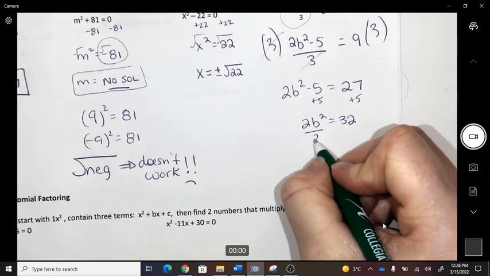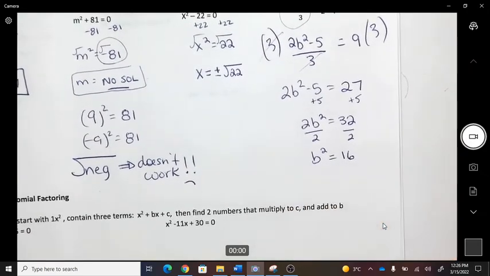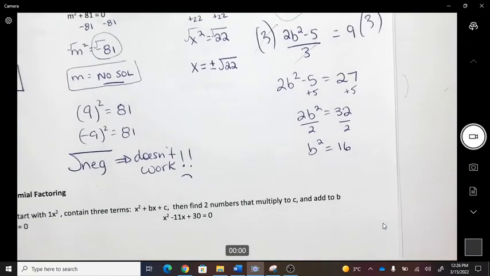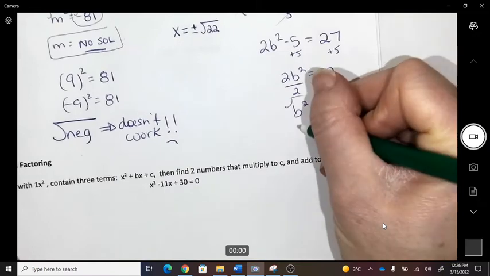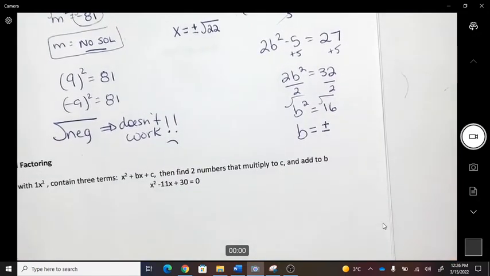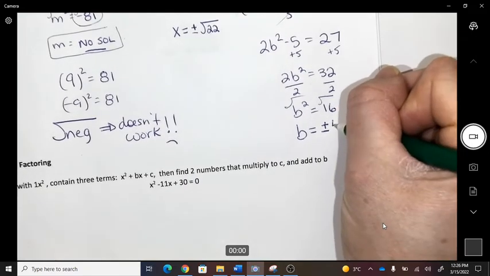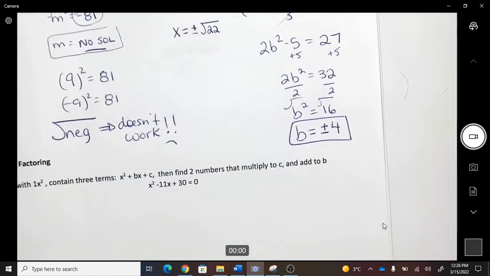And then I'm going to divide by 2. Now I'm going to square root. And then don't forget, it could be a positive or a negative that will work. And I think this one comes to a nice number, so I can write it.